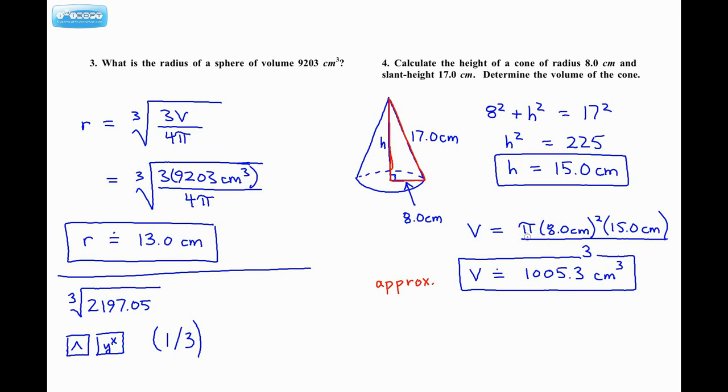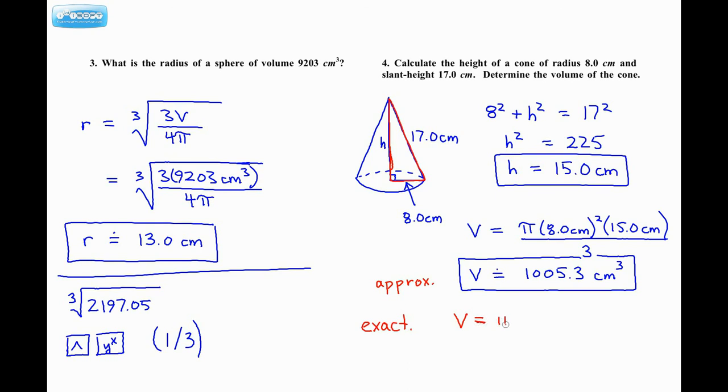You cannot write pi in its entirety in decimal form. So another way of expressing our answer more precisely, in fact exactly, is to ignore the pi for a second. We're not going to evaluate it, and we're just going to work out all of the other numbers. So 8 squared times 15 divided by 3.